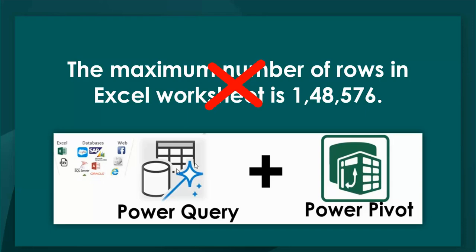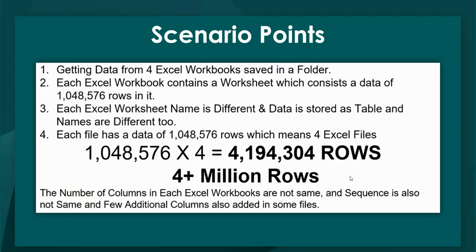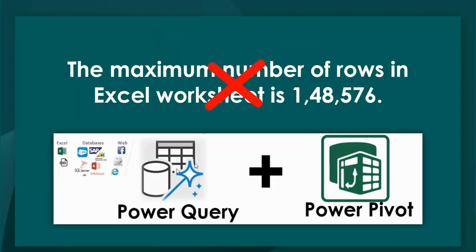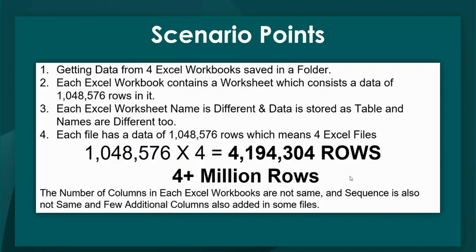Power Query and Power Pivot are available in most versions of Microsoft Excel. In this particular scenario I have added some complex points to this example, so everything should be covered in this video.